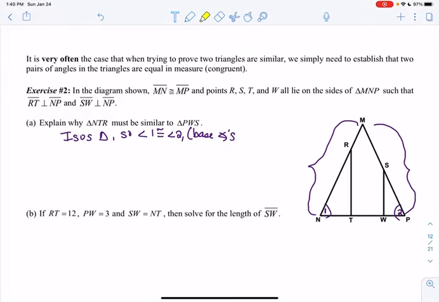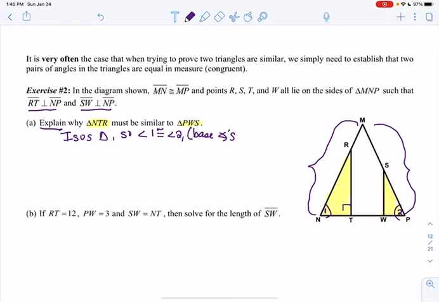Let's see what I'm actually trying to prove. I'm trying to prove that NTR, which is this triangle on the left right here, is similar to PWS, which is this smaller one right there. All right, so this just says explain. It's not like a real proof. They also tell me that RT is perpendicular to NP and SW is perpendicular to MP.